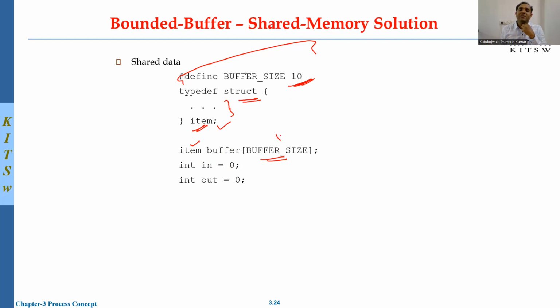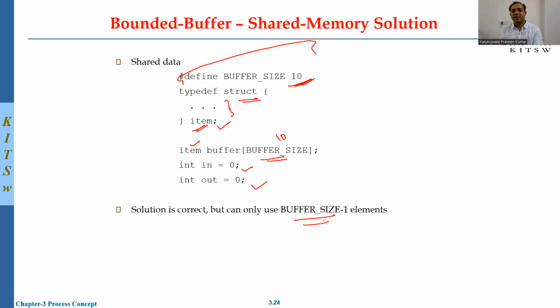The buffer size is fixed, it is 10. Then int in equals 0, this is one of the members, and out equals 0, this is one more. The solution is correct, but we can only use BUFFER_SIZE minus one elements because it is a bounded buffer.